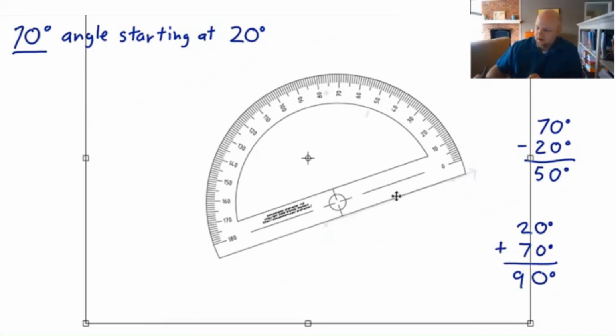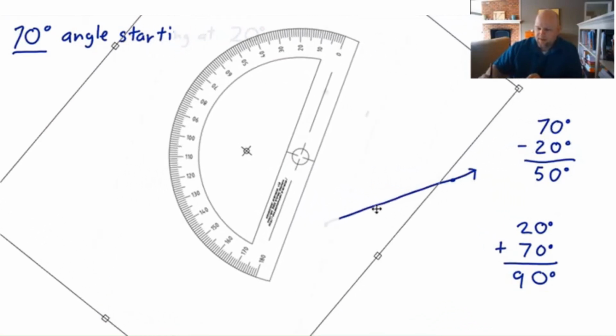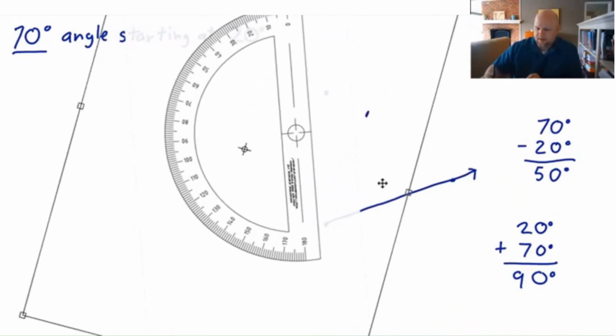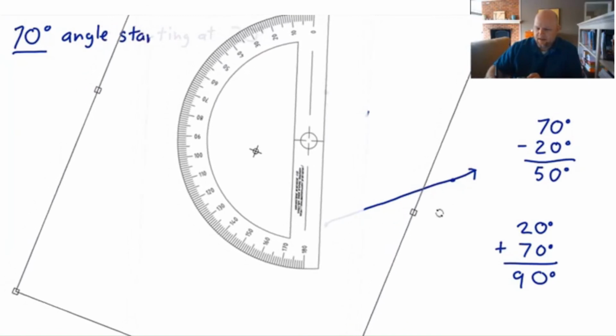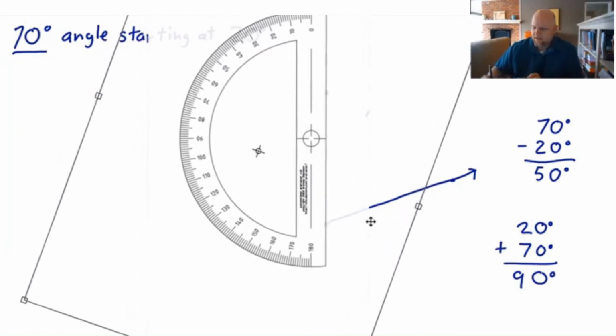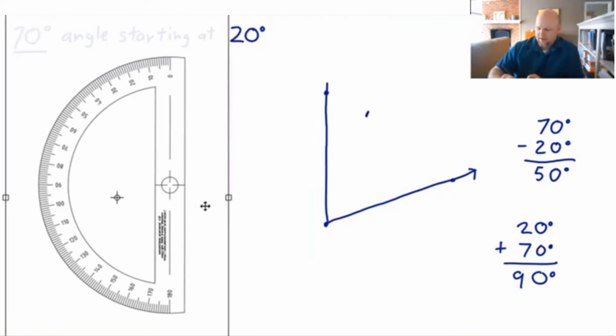Then for our next, we're going to move this around about like that. And there's our straight edge. And we'll use that straight edge to draw our line. Then we'll move that out of the way.